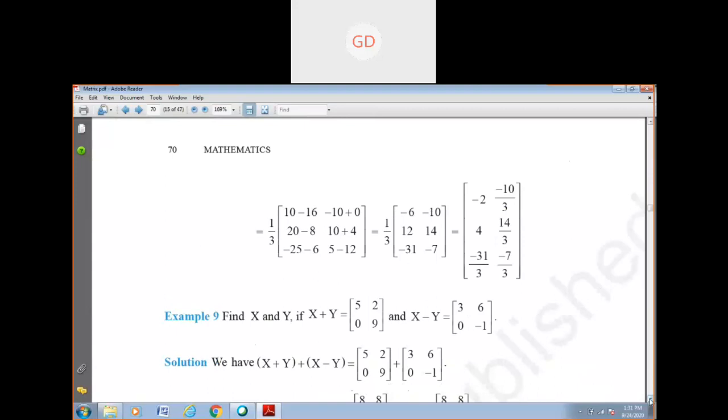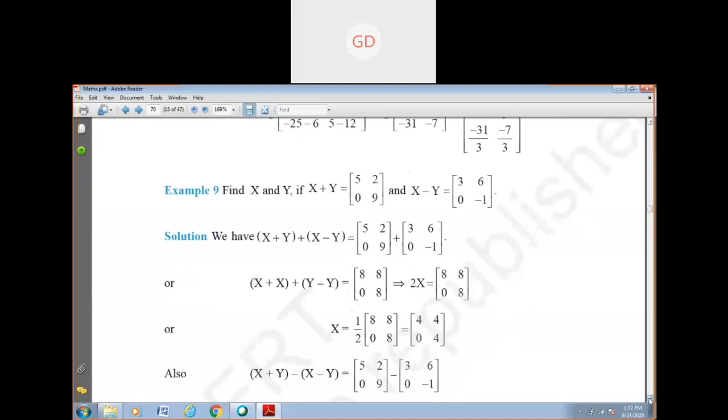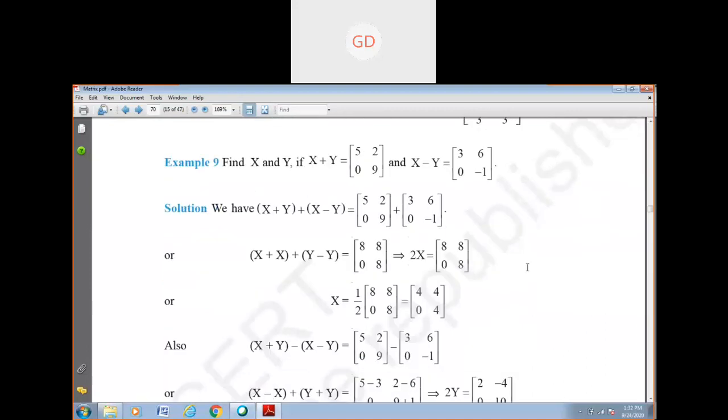And another example, if you observe here: X plus Y, the sum of two matrices, is given as a 2 by 2 matrix, and the difference of the two matrices is given as another matrix, this one. These are two simple matrix equations, and we use them like linear equations of two variables in algebra.